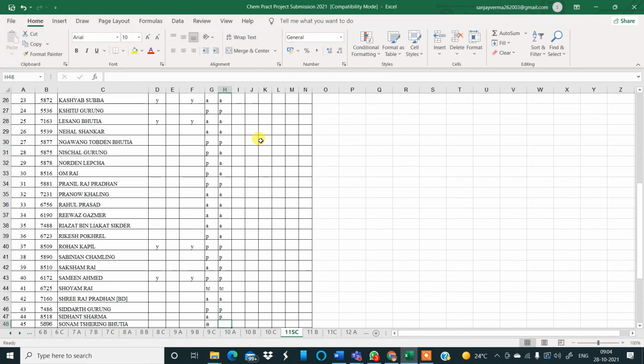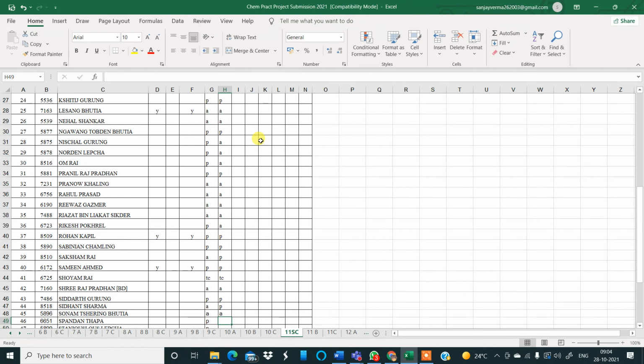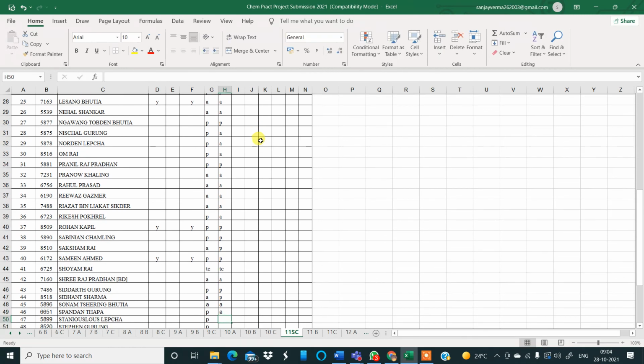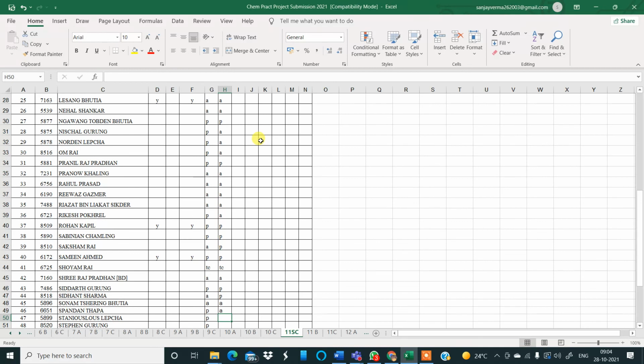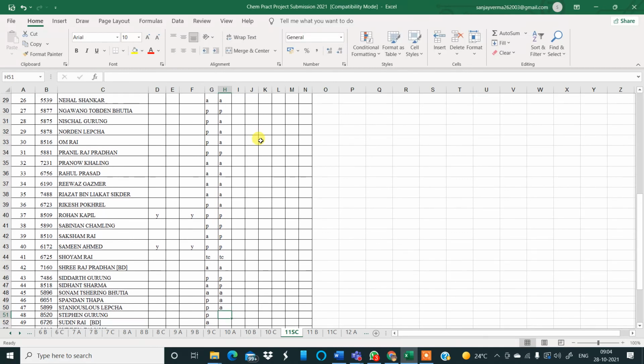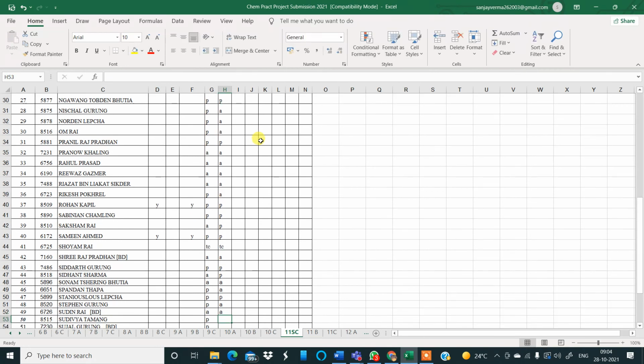Sonam Chiring Bhutia, absent. Spandan Thapa, absent. Stanislas Lepcha, absent. Present, sir. Stanislas Lepcha, present. Stephen Gurung, absent. Sudhin Rai, absent.